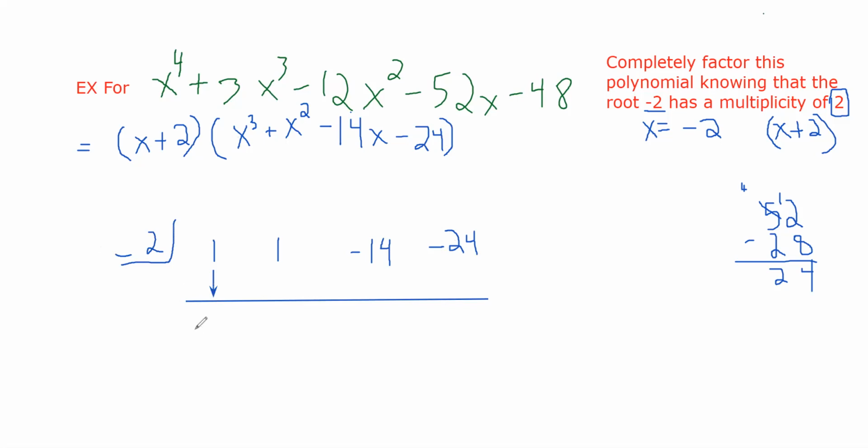So once again, go down the line, bring down this 1, -2 times 1 is -2. 1 plus -2 is -1. -2 times -1 becomes +2. -14 plus 2 becomes -12. -2 times -12 becomes +24.